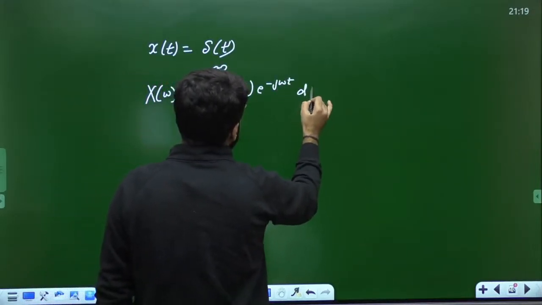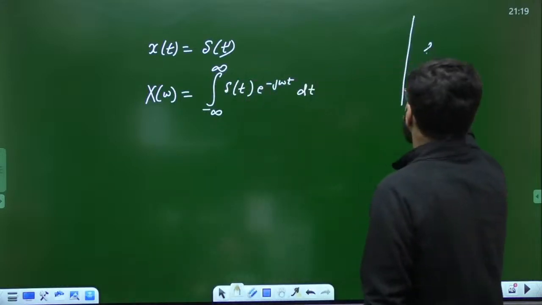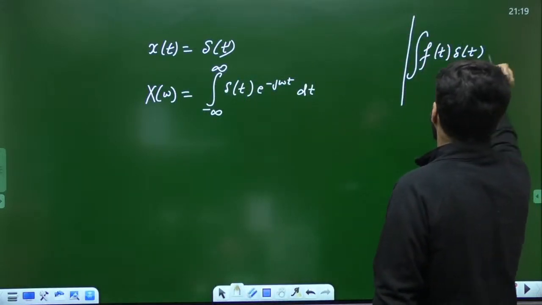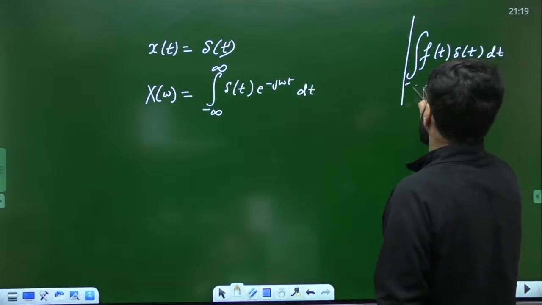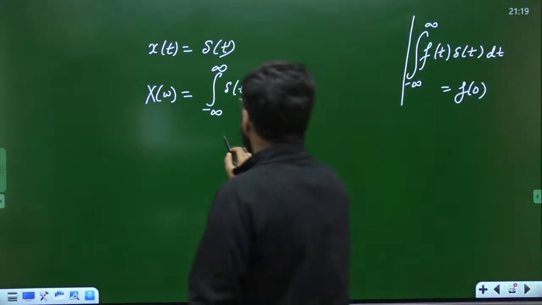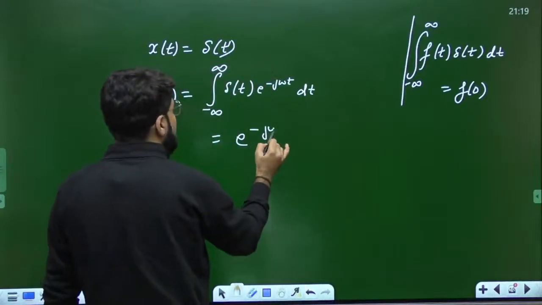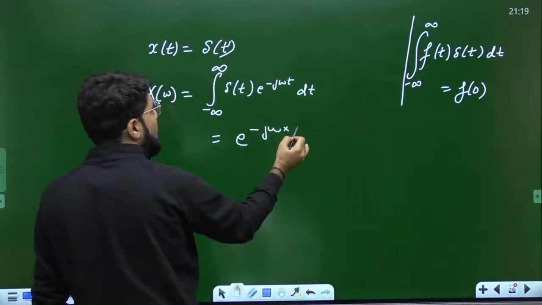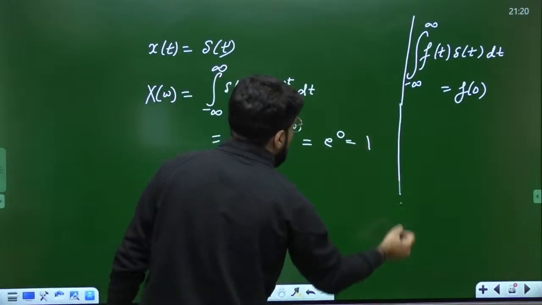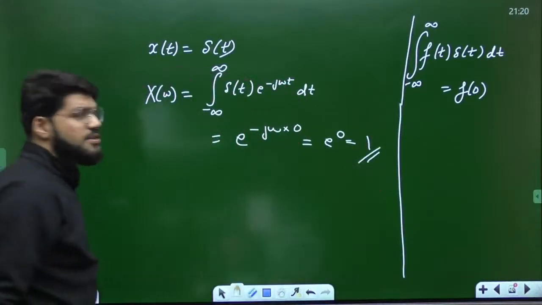Now you can use the property of the impulse: the integral of f(t) delta(t) dt is given by f(0). So here the answer is e power minus j omega t at t equal to 0, that is e power 0, which is equal to 1.